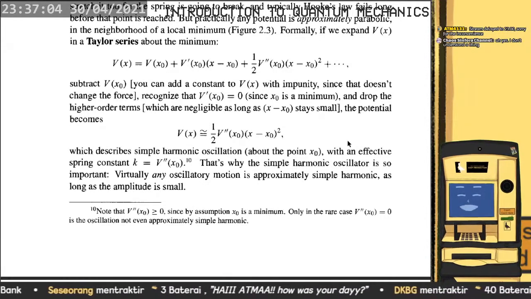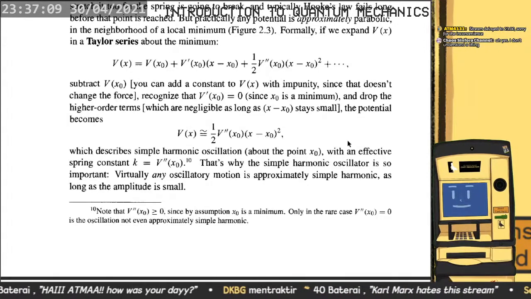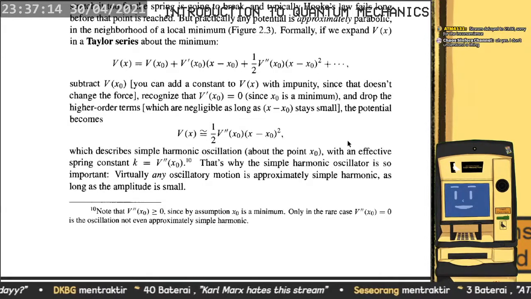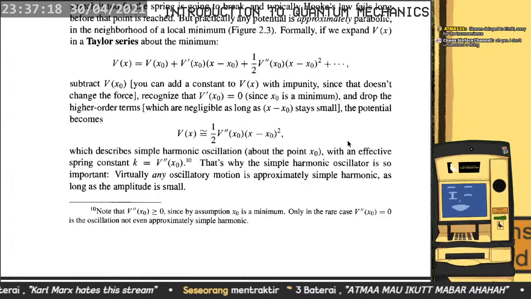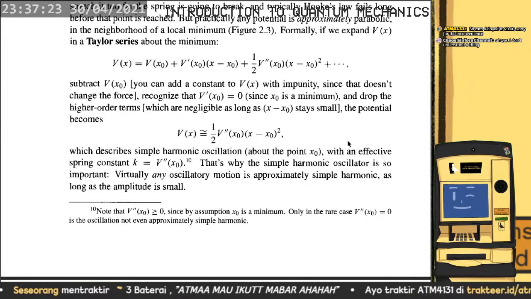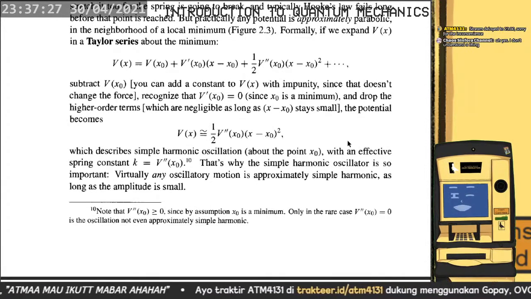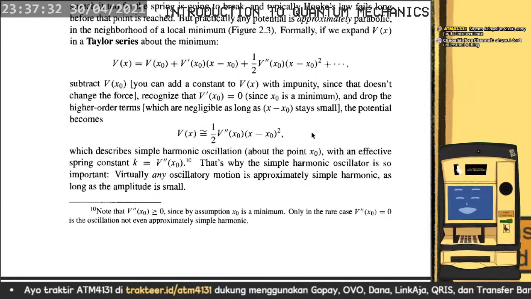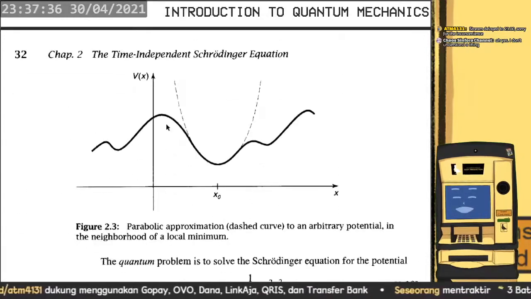The potential becomes approximately one half V''(x0)(x minus x0) squared. This describes simple harmonic oscillation about the point x0, with an effective spring constant k equal to V''(x0). That's why the simple harmonic oscillator is so important. Virtually any oscillatory motion is approximately simple harmonic, as long as the amplitude is small.